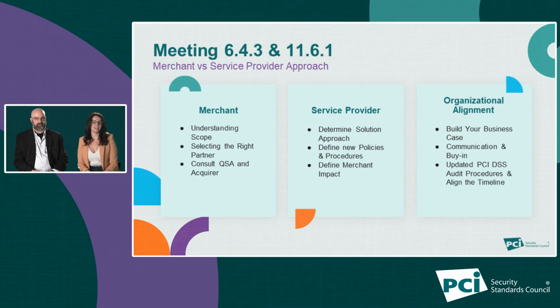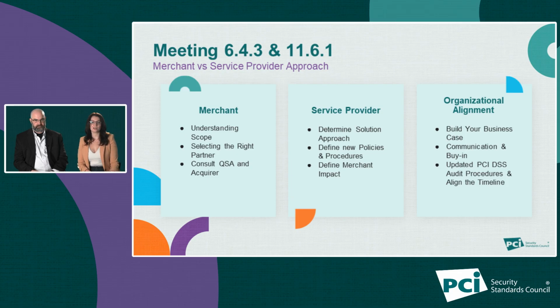So with that, defining new policies and procedures becomes key to success once you've actually made a decision on how to move forward. And then the next step, again, is making sure that you understand the merchant impact and communicating that as well. As Jason alluded to, this can be kind of confusing as a merchant, ensuring that you understand your scope. As a service provider, it's our job to help our merchants understand their scope and ensure that they understand where their responsibilities stop and ours begin.